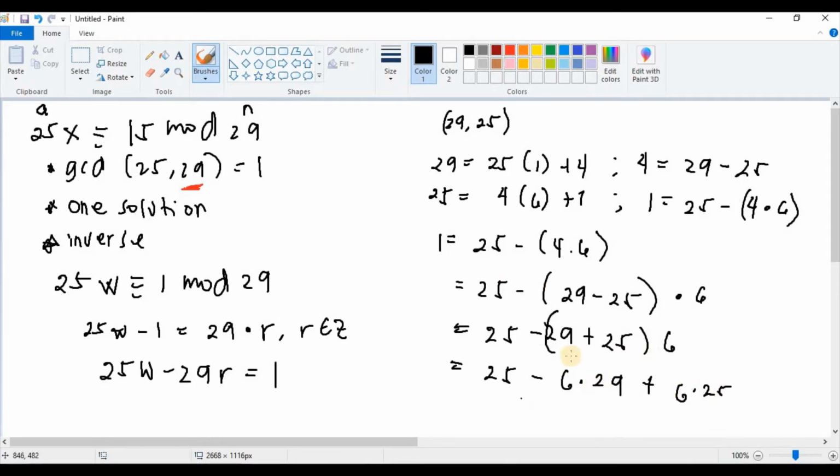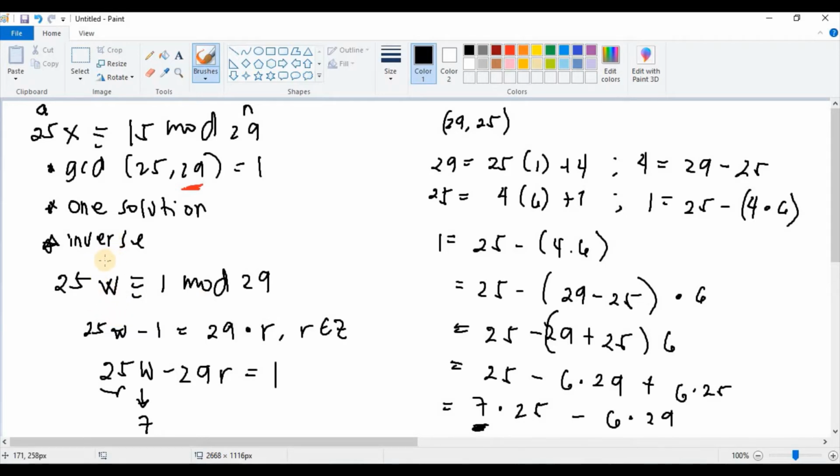Then let's combine: we have 6 and 1 times 25. Therefore, we have 7 times 25 minus 6 times 29. This is our 25, so what we multiply is 7. So the value of W is 7.